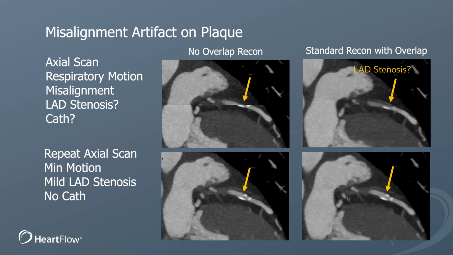Both images here again show the true axial dataset reconstruction and the standard smoothed overlapping reconstruction, but you can see, compare and contrast these 2 data sets, both above and below. The true axial acquisition versus the smoothed overlapping acquisition is not unique to any vendor.